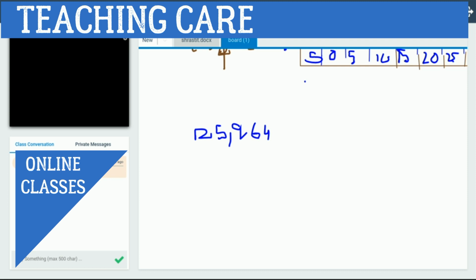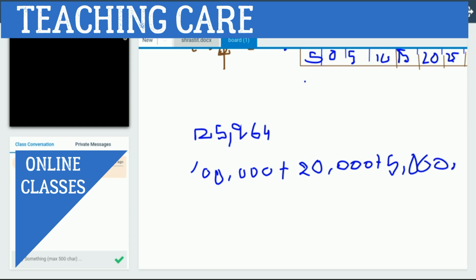We have to write like this: 1,00,000 plus 20,000 plus 5,000 plus 900 plus 60 plus 4. Yes, correct. Writing numbers in expanded form means you will add plus plus and go. That's called an expanded form.